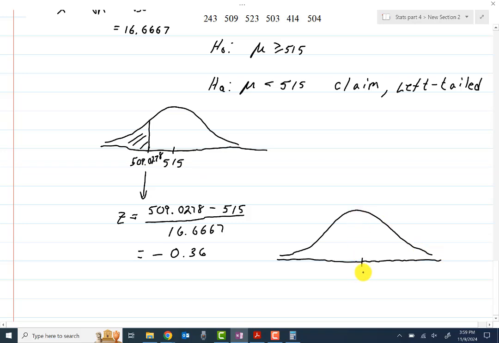Draw your standard normal curve. And let's determine what this p-value is.